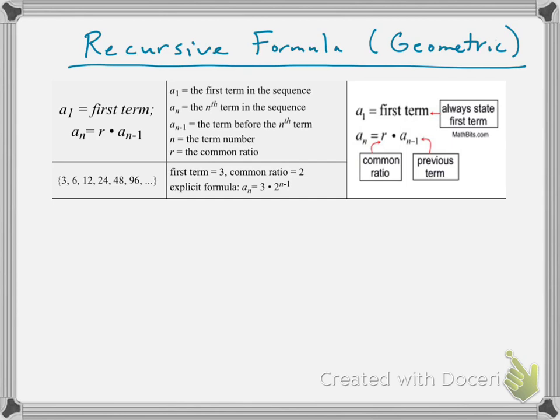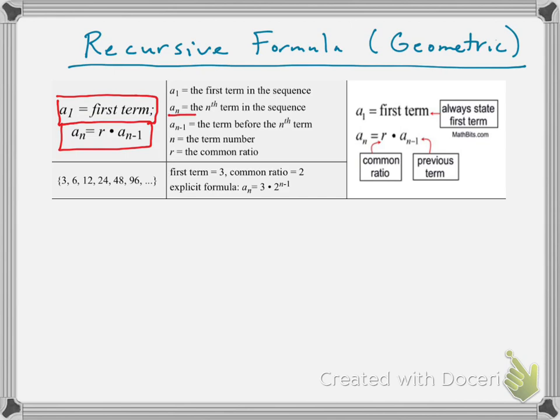Okay, so here's the recursive formula for a geometric sequence, and the formula, which I'm outlining in red, is right there. Again, we define the first term first. For recursive formulas, we always need to know the first term, for geometric and arithmetic sequences. And then we base the next term off of the previous term. That's what this means right here.